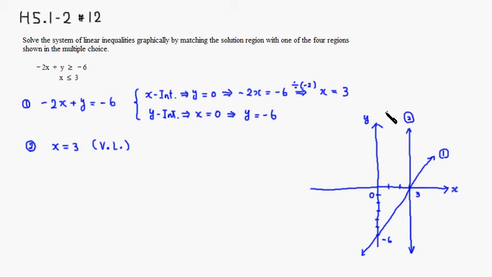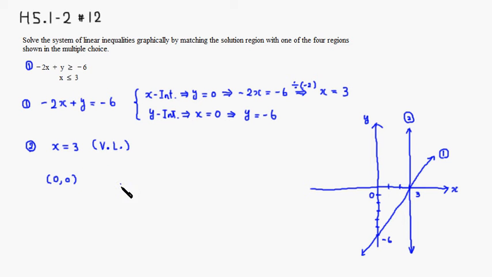Then we have to think about which section to shade. Let's look at the first inequality. This is the borderline, and we're going to try 0, 0. Does 0, 0 satisfy this first inequality?